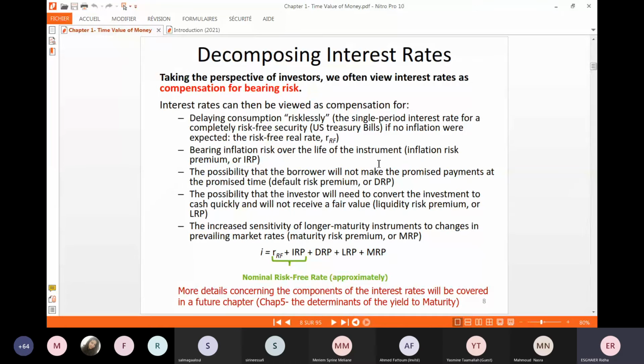First, you will demand a compensation for delaying your consumption risklessly. What do we mean by this? When you save your money, when you invest your money, you will postpone your consumption today.